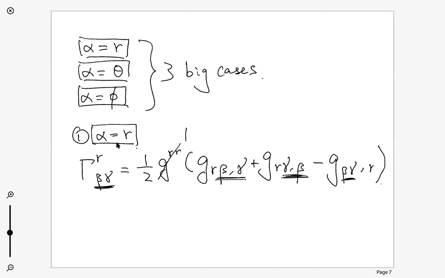We mentioned that there are in total 27 components, and now we are looking at the components when the upper index here is r, okay? But now we have beta and gamma here. And both beta and gamma run from r to theta to phi, right?